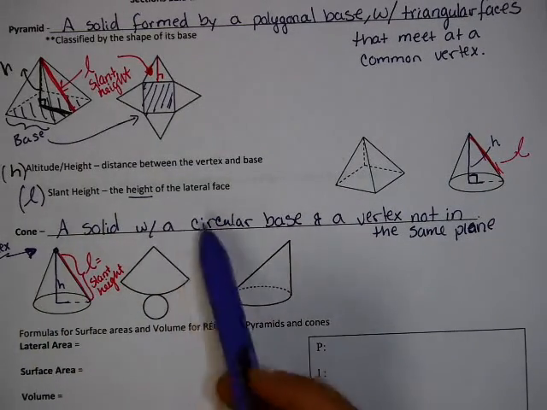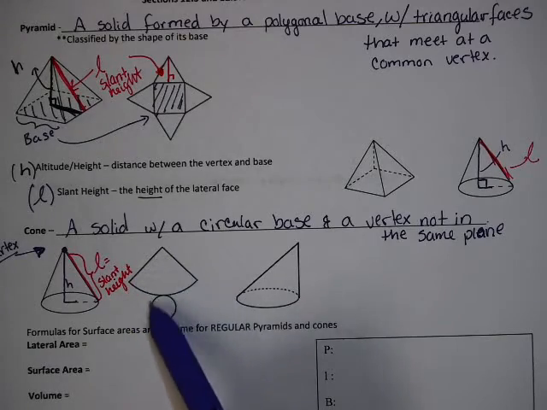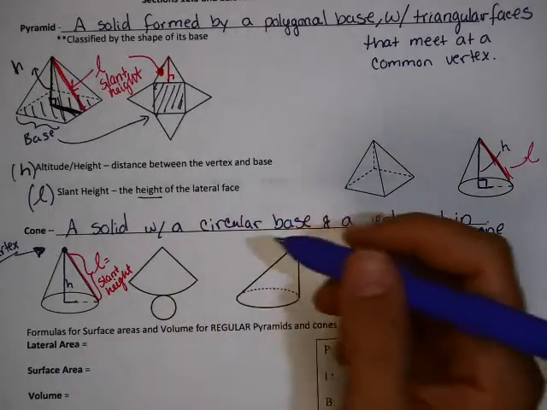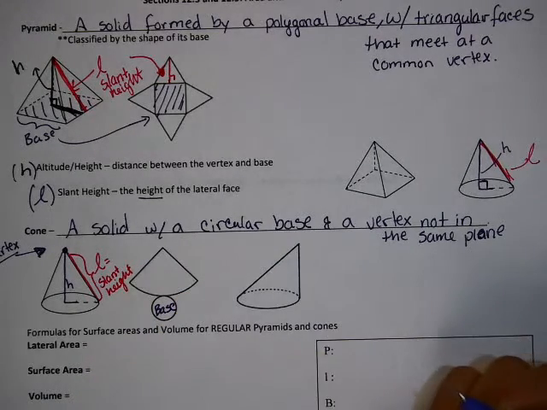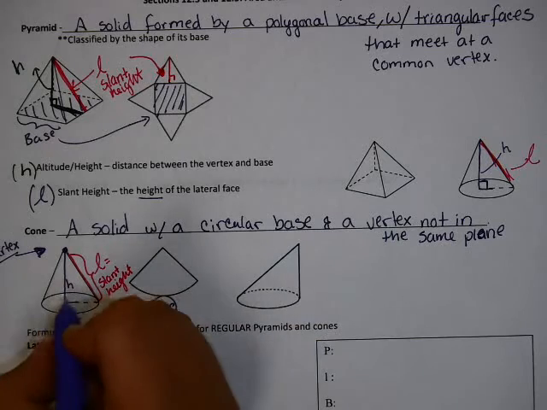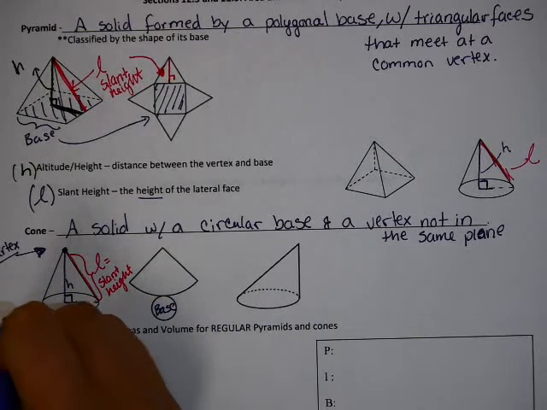All right, and just so you know what the net of a cone looks like, here would be the net of your cone, and this would be the base. Okay, so because this height creates a right angle, this is a right cone.